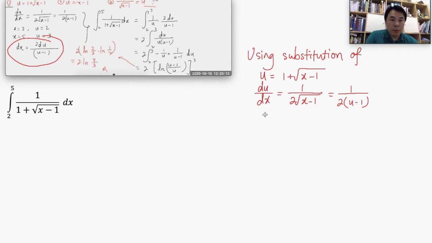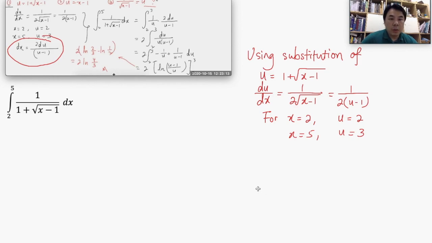For x, we're going to set up the lower boundary and upper boundary also. For x equal to 2, our u is equal to 2 also. For x equal to 5, our u will be 3.